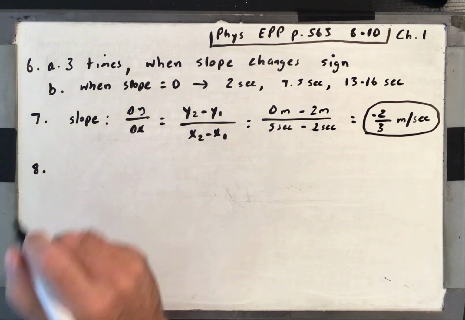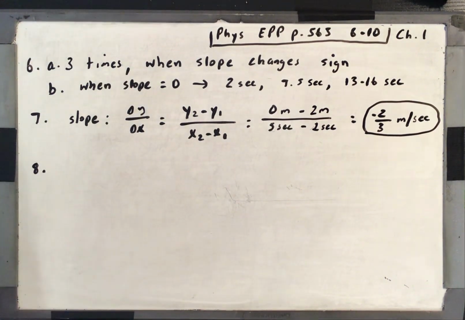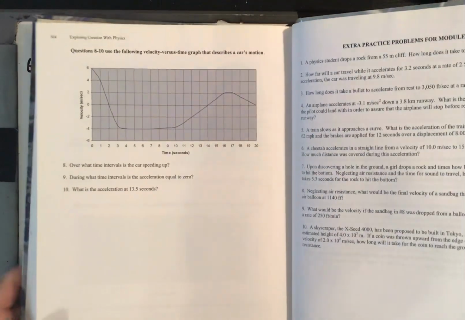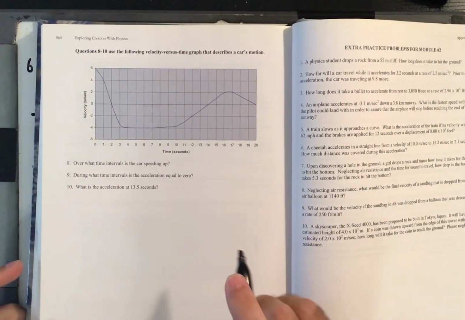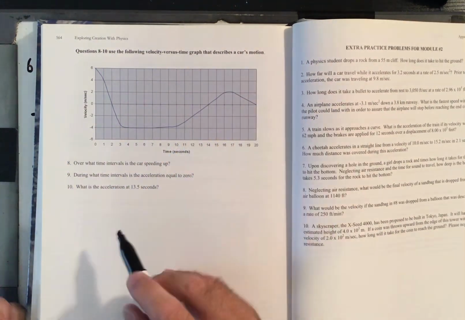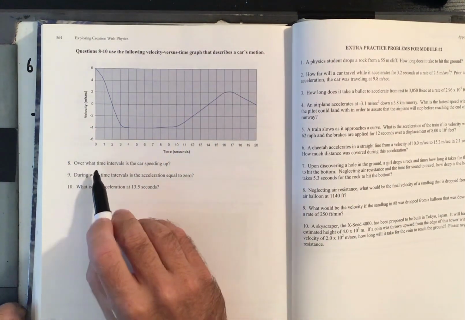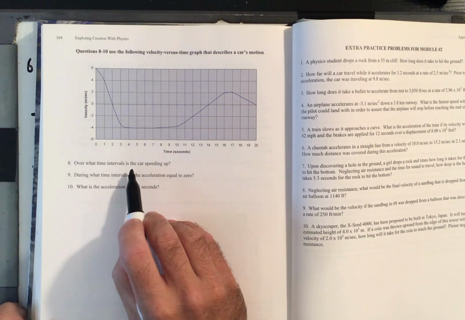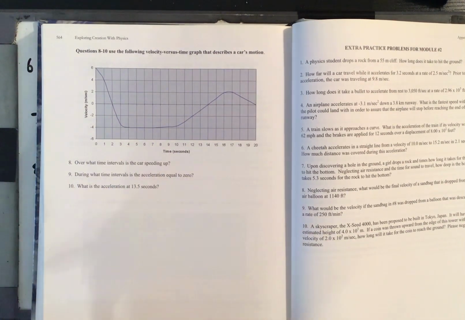All right, number 8. So in number 8, we're going to flip the page. Look at this graph. We've got a velocity versus time graph, and the slope measures the acceleration. So over what time intervals is the car speeding up? Well, it's speeding up when velocity and acceleration have the same sign.